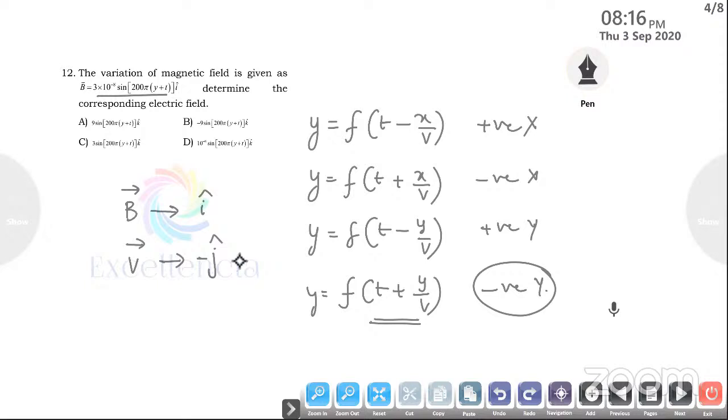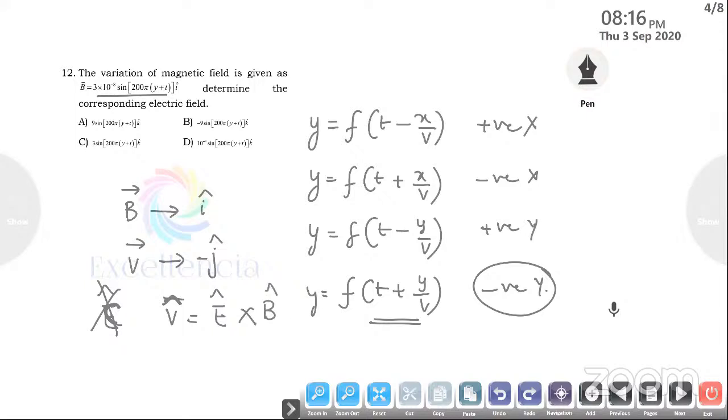Now we can get the direction of the electric field. The direction of propagation of the wave, which I can write here as v cap, is equal to E cap cross B cap.